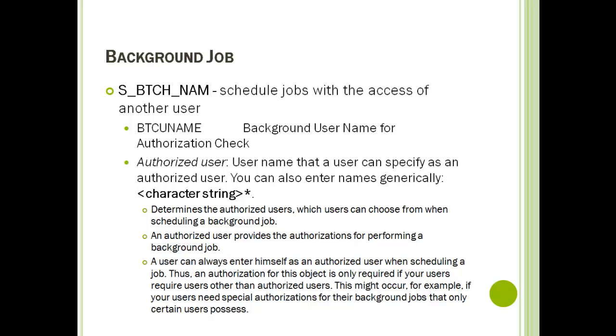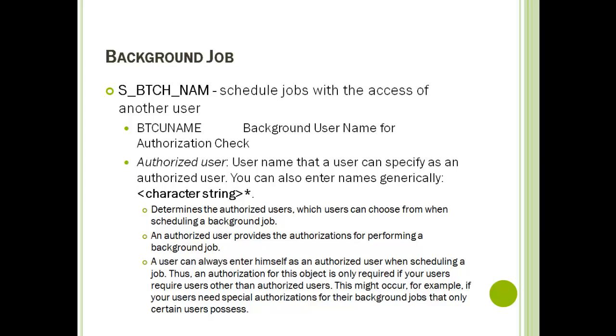So you have a specific requirement, a program which has more authorization which is required to run in the background, but this program should not be used by any normal dialog users. In that case, you will use this background user which has more authorization. You will schedule this specific program under that background user, it will run in the background, but you cannot use that user to log in.